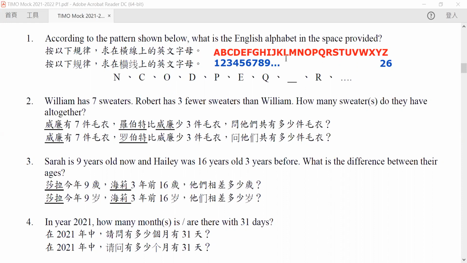So for example, in here for the first letter N, now what is the position of this letter N? So you can count it, because in here we know that I is 9, and then J is 10, and then K is 11, L is 12, M is 13, and then N is 14.